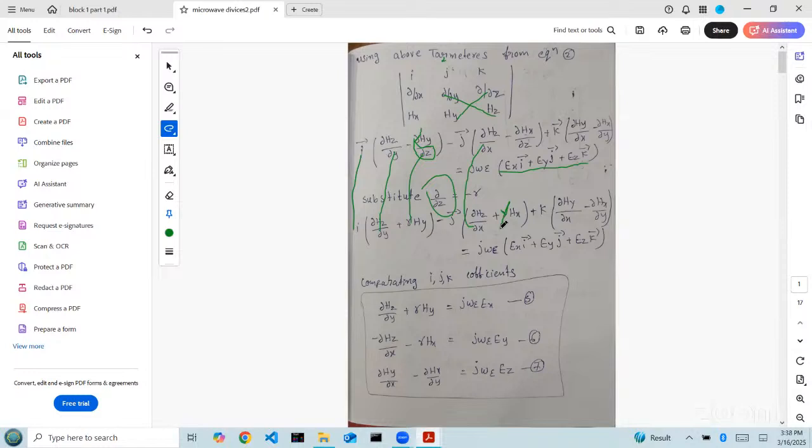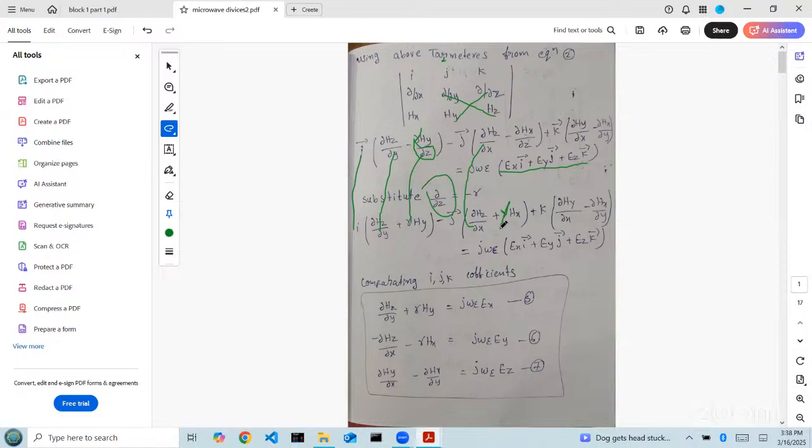Now how will you split del cross E? Same as before: i, j, k, ∂/∂x, ∂/∂y, ∂/∂z, then Ex, Ey, Ez.